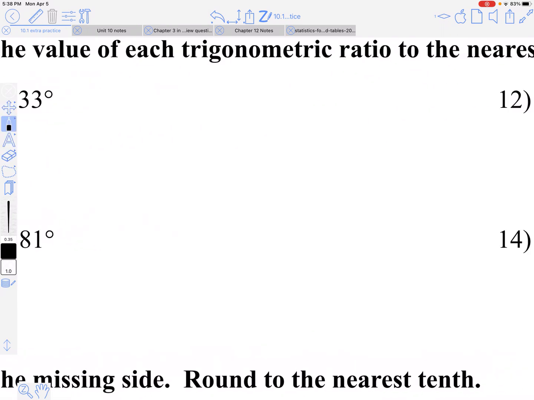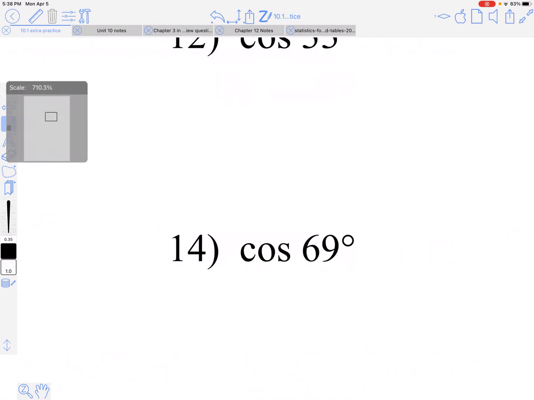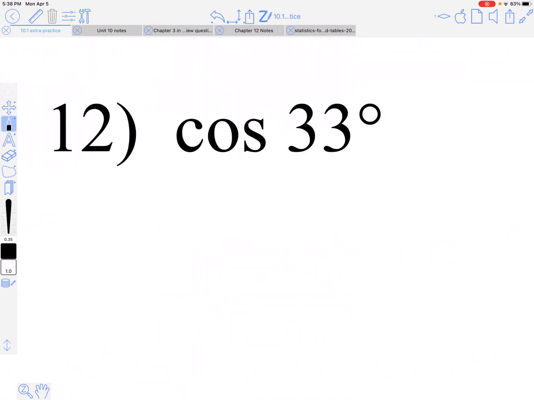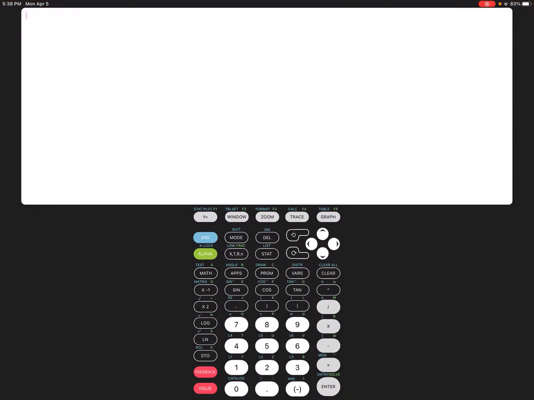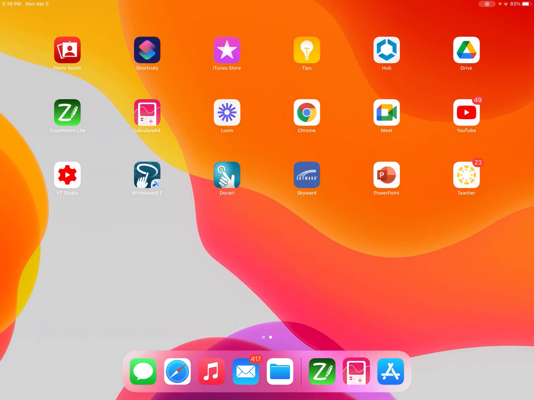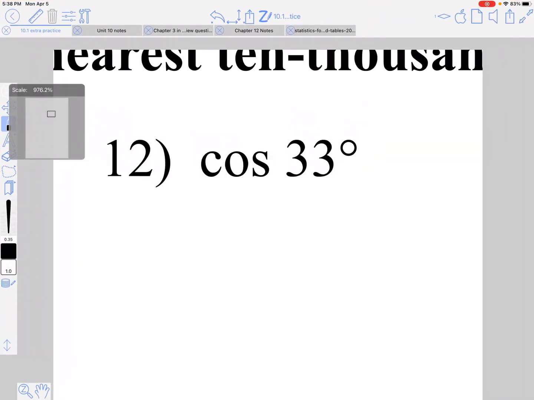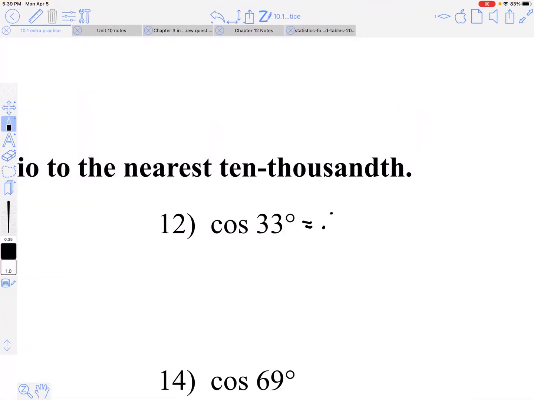Just a reminder, put these in your calculator. So let's do cosine of 33 degrees. If you put that in your calculator, cosine of 33 degrees, we get 0.84, right? So 0.84 is that ratio simplified. Now notice it's not in a fraction.